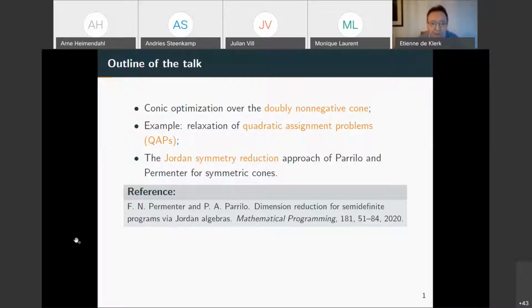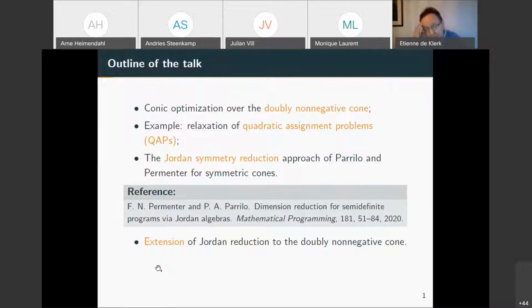But as long as you can do basic linear algebra operations, you can implement it, and you need not understand the structure of your problem. So this makes it also very suitable for pre-processing software.